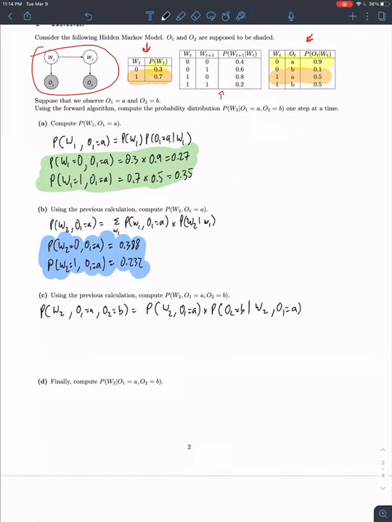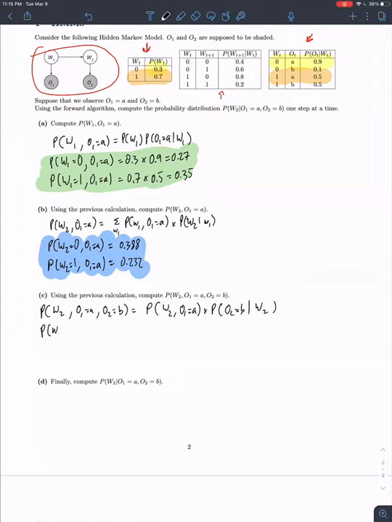But we can simplify this a bit because O2 is independent of O1, conditioned on W2, in the Bayes net that we've circled in red at the top. So actually, we can just erase this. And now we see that this is exactly one of the terms in our probability table. So we can just calculate it out. Okay.